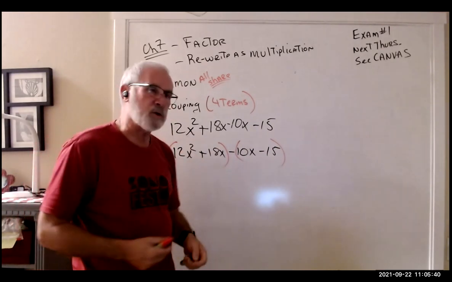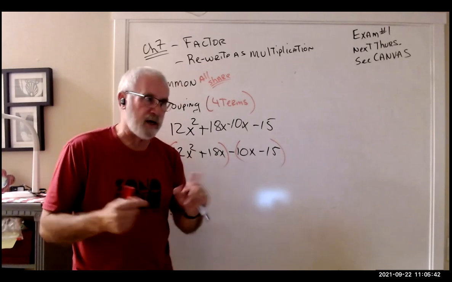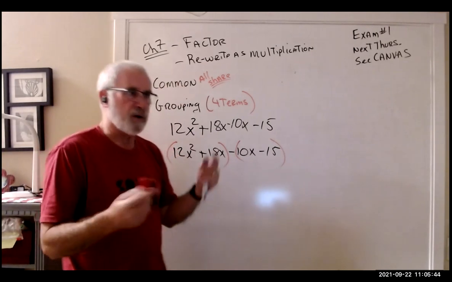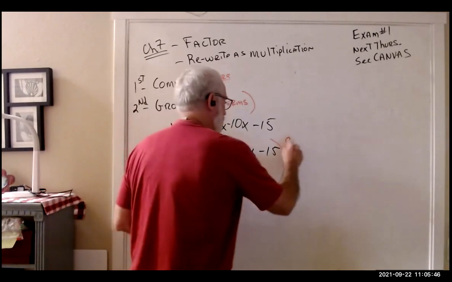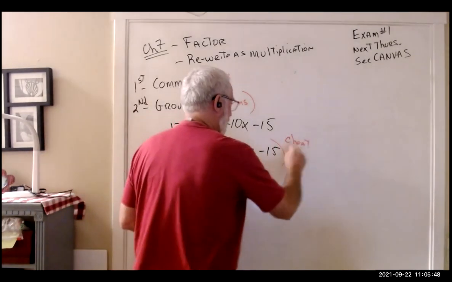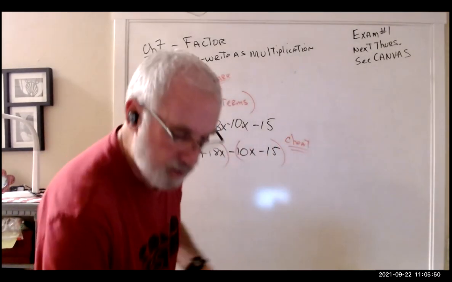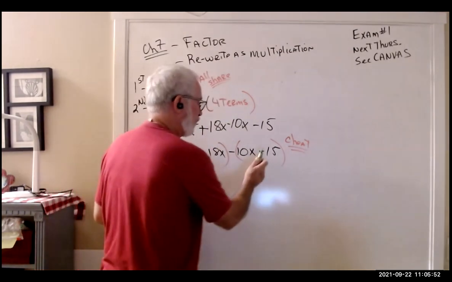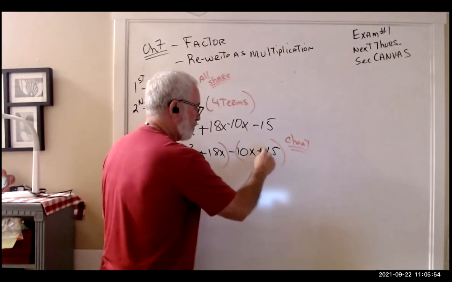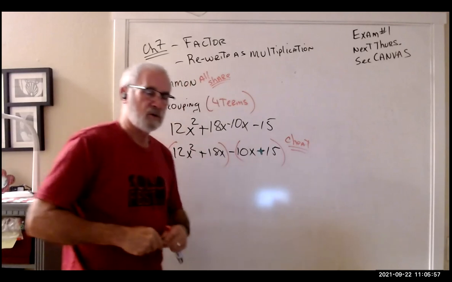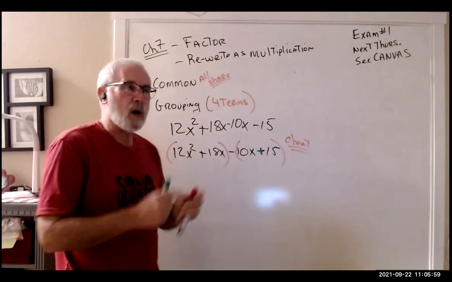So what we do is we cheat. And I don't know how you're going to get this in your notes. You can write cheat all you want. But we turn this minus into a plus. We just change it. Why?